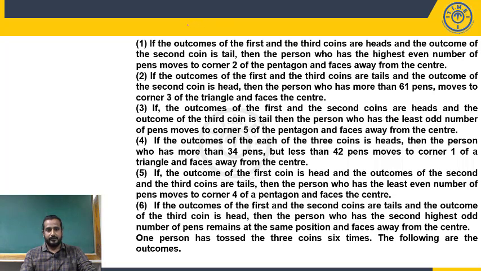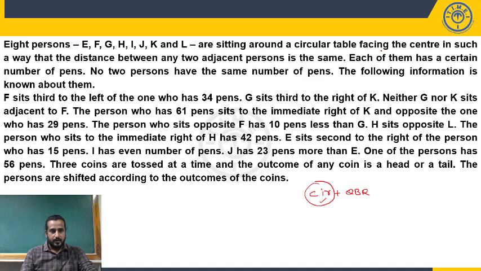Here are the instructions. If the outcomes of the first and third coins... here you have to observe that 3 coins are tossed at a time and the outcome of any coin is a head or a tail. The persons are shifted according to the outcomes of the coins.